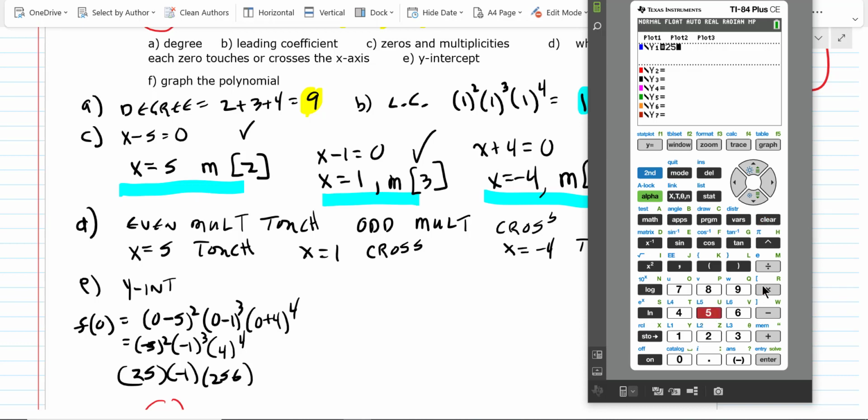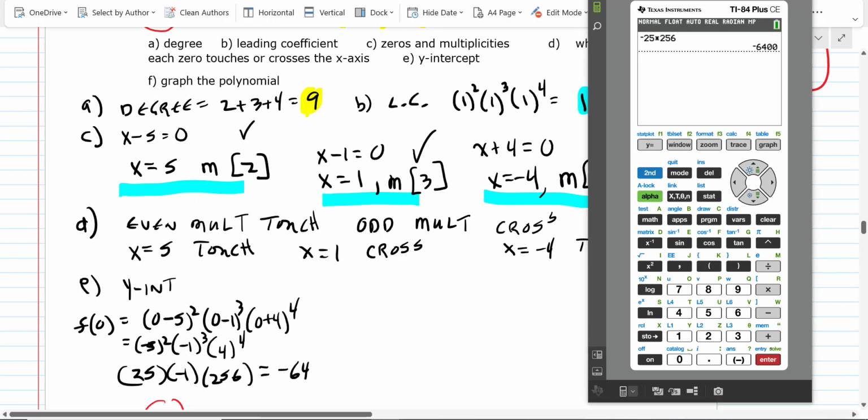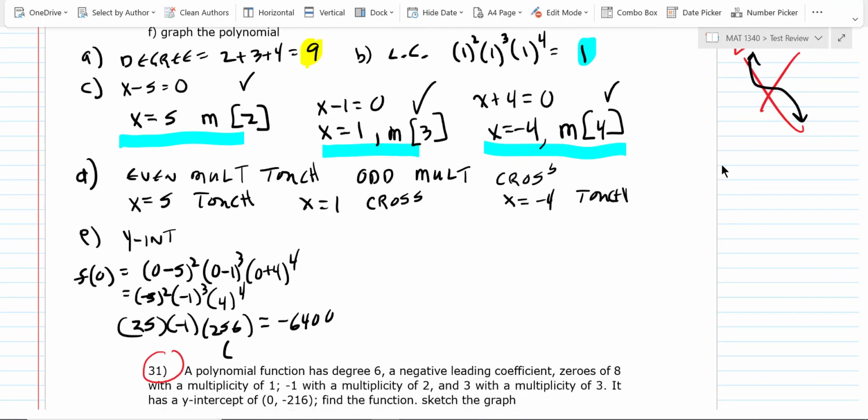So it's really just negative 25 times 256, which gives negative 6,400. So you write the y-intercept as the point (0, negative 6,400).